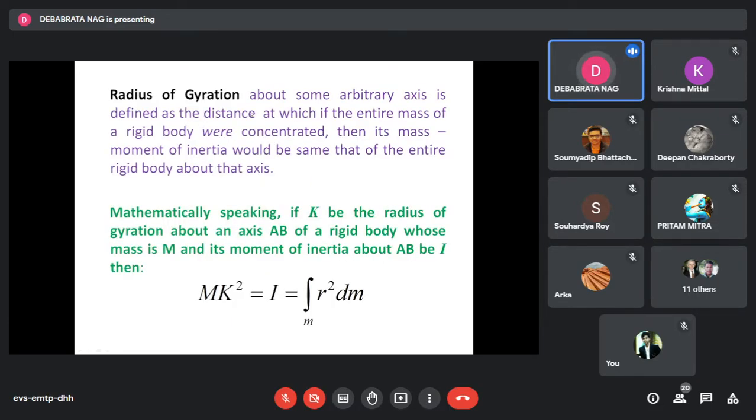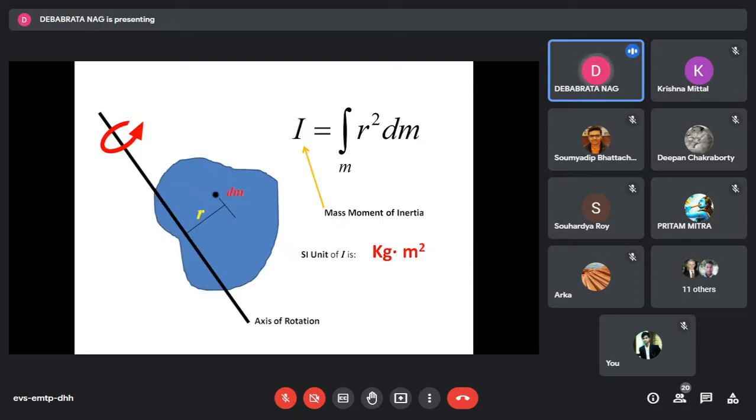You also know how we calculate the radius of gyration. Physically, you can see that this body can be made rotationally equivalent.